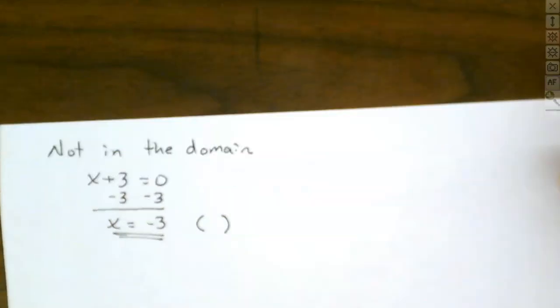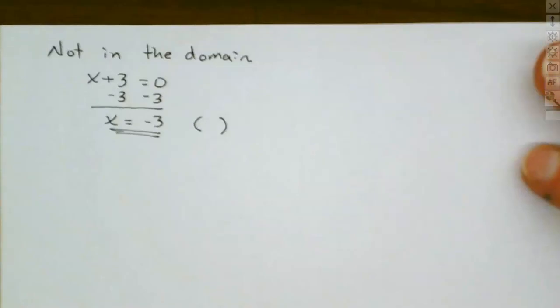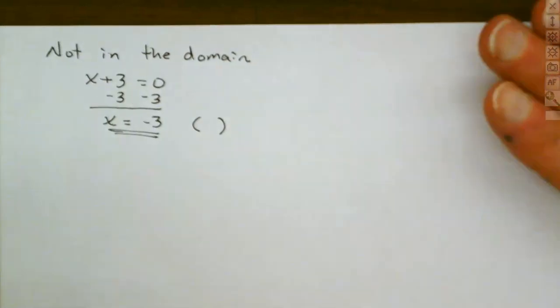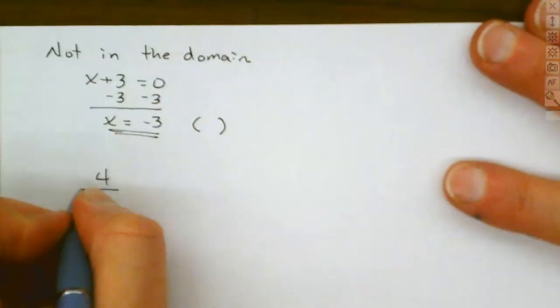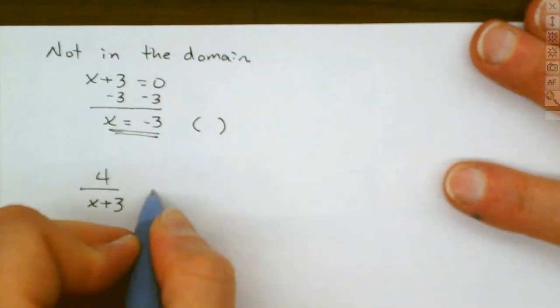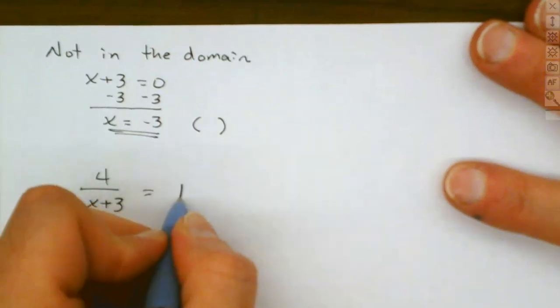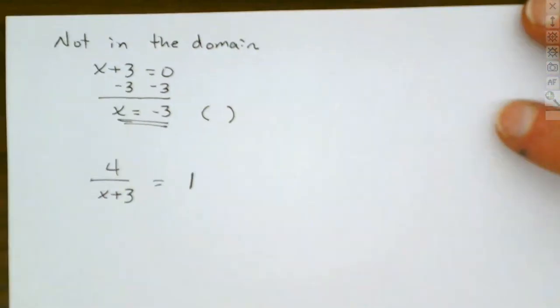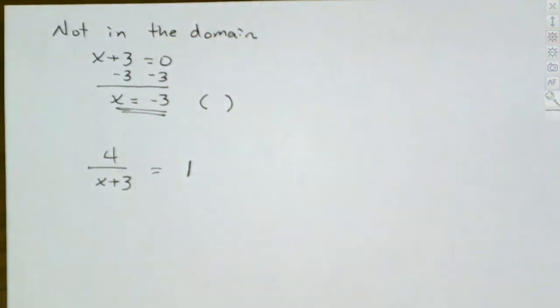Now, what else do we need to do? After we found the number that's not in the domain, now we need to clear the fractions and solve. So what do we have? We have 4 over x plus 3, and we replace that inequality with an equals, making it equal 1. Pretty easy to do. How would you solve this out? Well, I need to clear out my fractions.